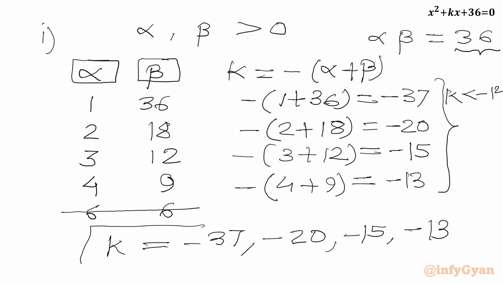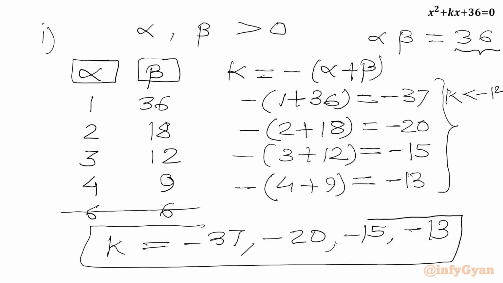Now we have to consider our second case where alpha and beta are both negative integers. The product alpha times beta is equal to 36.